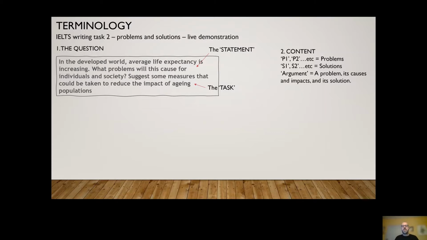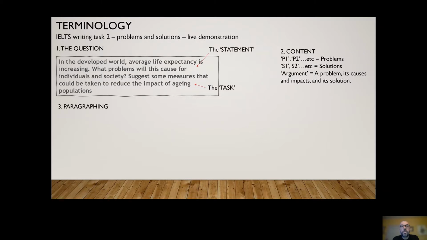So in my demonstration, when I'm talking about these solutions, I'll refer to these as S1, S2, S3, etc. I'll also use the word argument when I'm talking you through my planning and my writing. And when I say argument here, I mean a problem with its causes and impacts and its solutions. So in this essay, one argument is one problem with its solution.